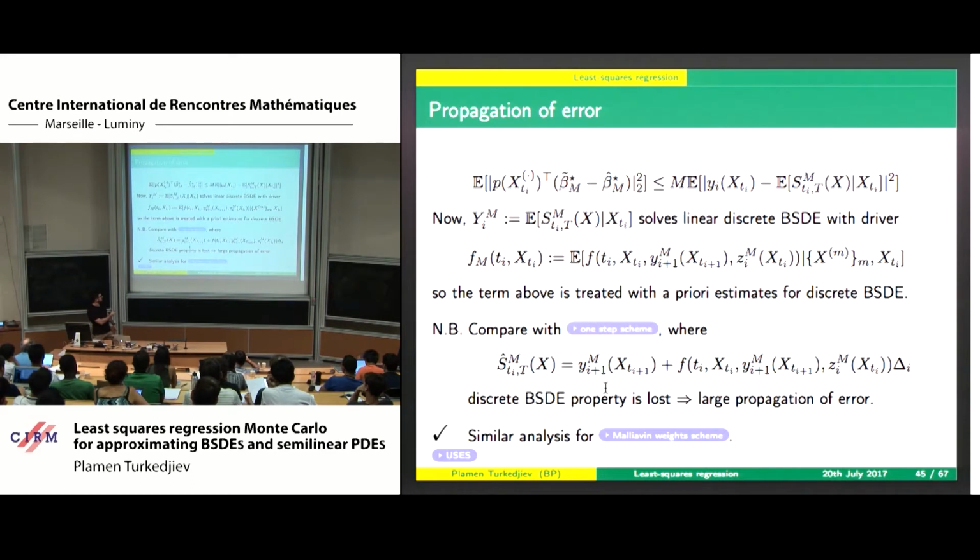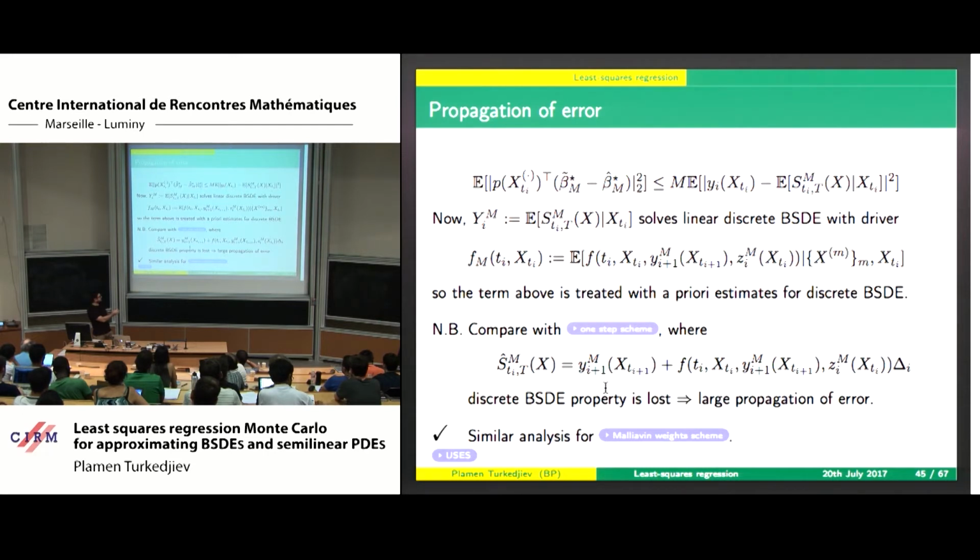Now, this doesn't form a BSDE anymore. You don't have a dynamic programming setup if you just use this, because this is computed by least squares regression rather than by conditional expectation, and least squares regression doesn't have the tower property.